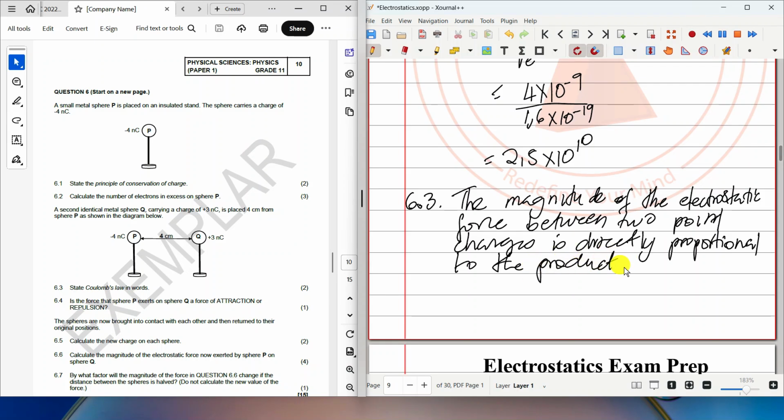It's directly proportional to the product of the magnitude of the charges. Even if I didn't say magnitude, it's okay.